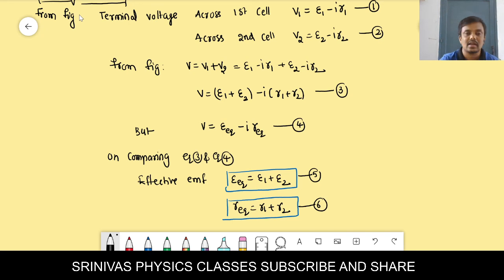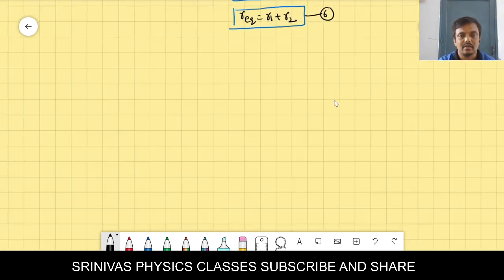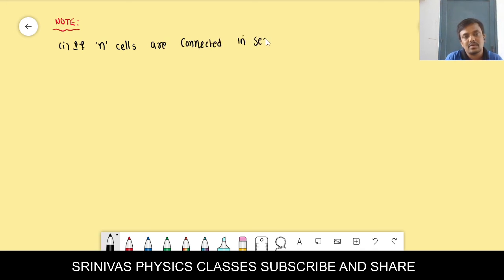If n cells are connected in the series combination, how will the formula be? Note it down. The first point is that if n cells are connected in series, what will you get as the effective EMF?